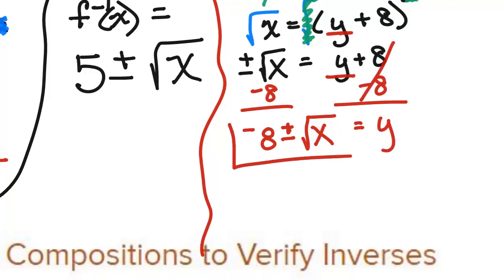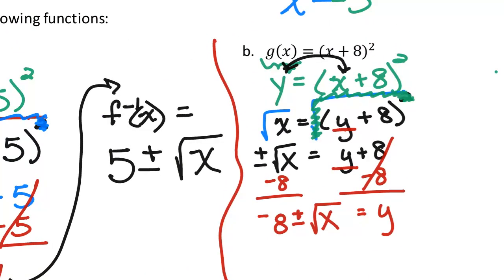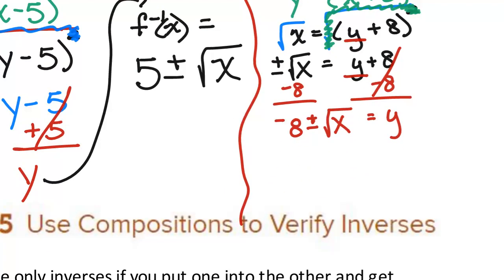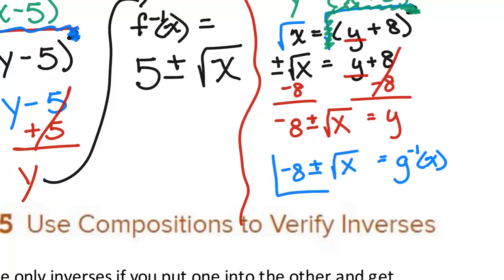Final answer? Not yet. What did we forget? Okay, but be careful. If it's g of x, you really want to show the inverse of g. Yeah, tricky. So the inverse of g of x is equal to -8 plus or minus the square root of x.